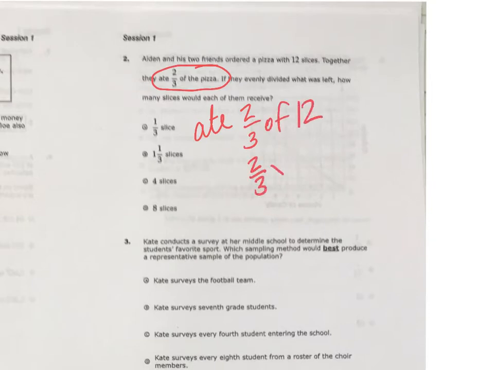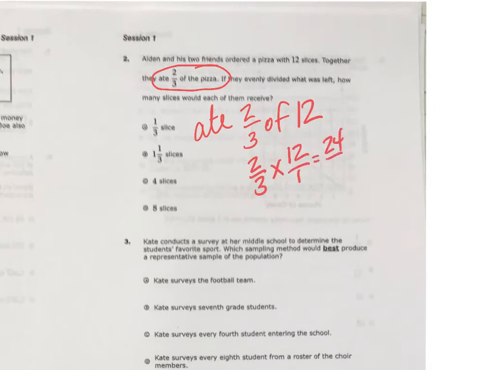All right, on the next problem, it says Aiden and his 2 friends ordered a pizza that had 12 slices. They ate 2/3 of the pizza. So we're going to do 2/3 times 12.